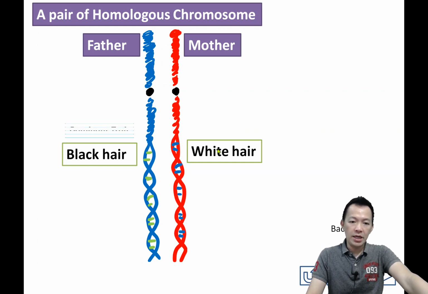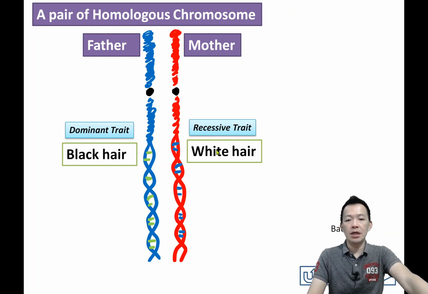Normally you will be black, dominant. Why? Because black color is a dominant trait, the stronger trait. Because black is dominant, it masks the recessive. White color means recessive, a trait that is not strong enough.